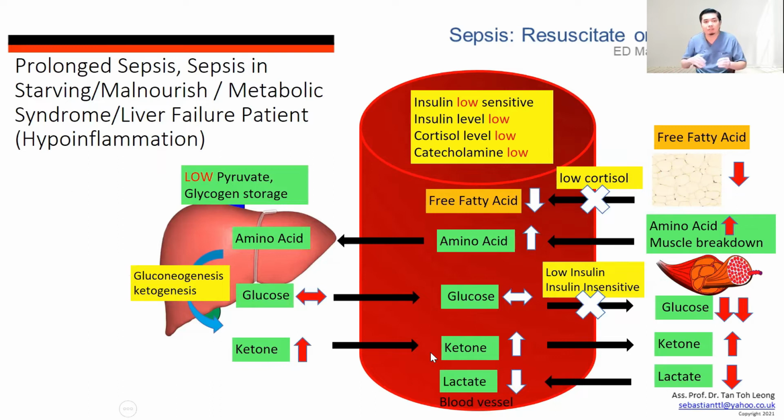That's why when a patient has late sepsis or prolonged sepsis, the ketone in the blood will usually be high. The ketone comes from ketogenesis from the fatty acid. Yeah, and the fatty acid will also be low if the patient has already been sick for some time, and because of depletion of fatty acid, all this ketone also comes down. So this vicious cycle always happens in prolonged sepsis.